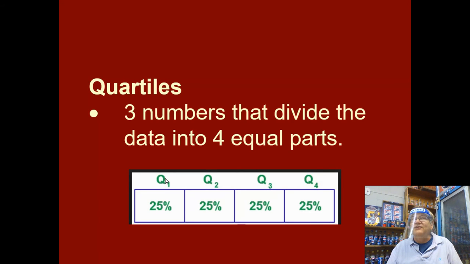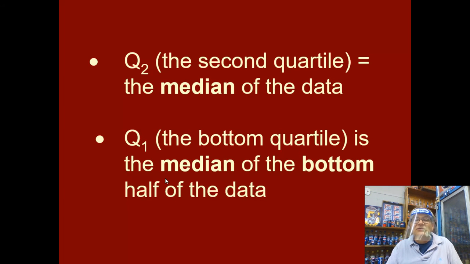You might have actually seen on your calculator Q1 and Q3 when you were finding some of the statistics before, and we'll talk more about that in a minute. It turns out that Q2 is exactly the same thing as the median. It's literally the median of your data. Q1 is just the median of the bottom half.